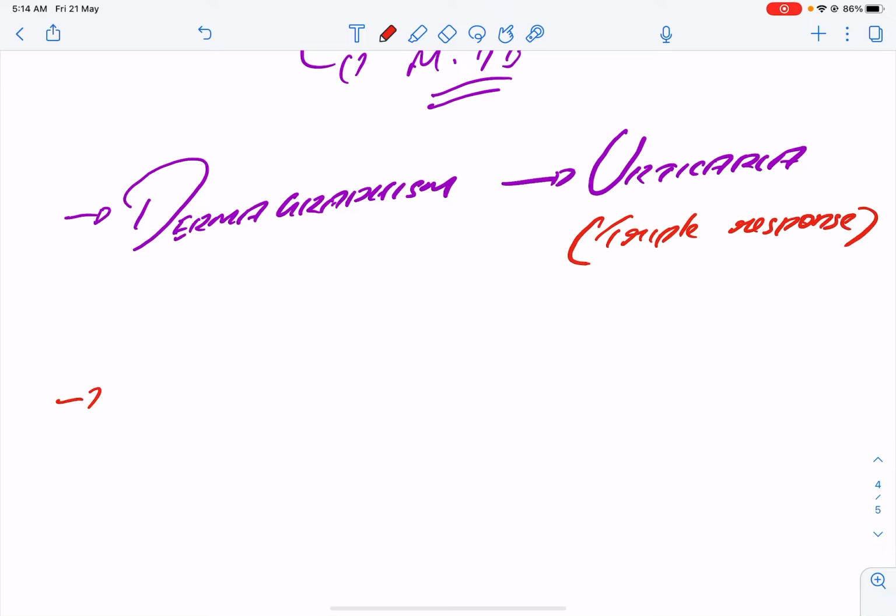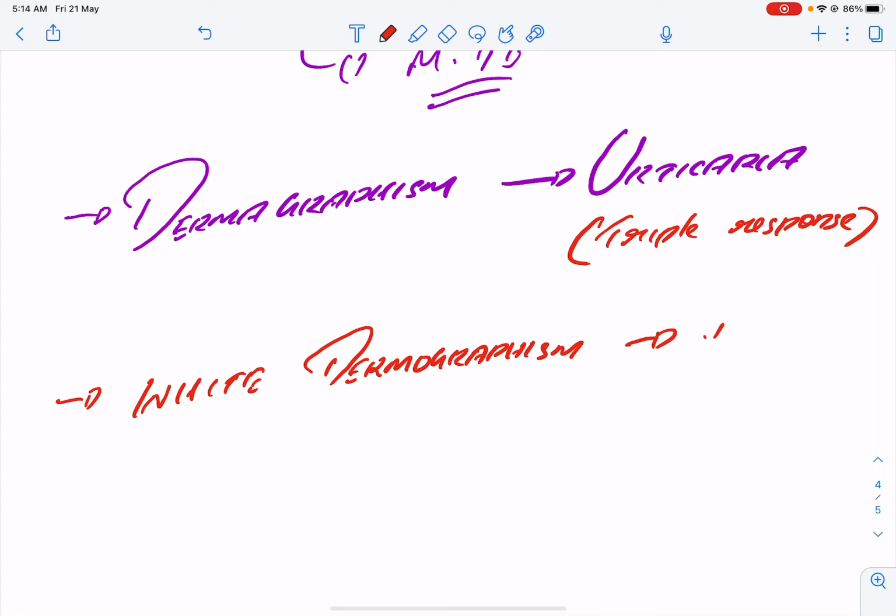Then we have something called white dermographism. In which disease is it seen? Atopic dermatitis.